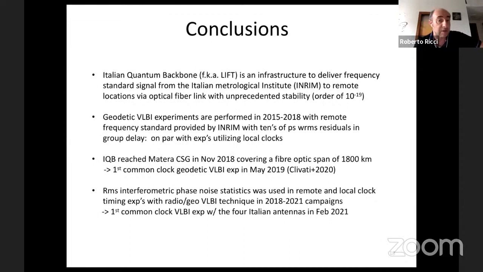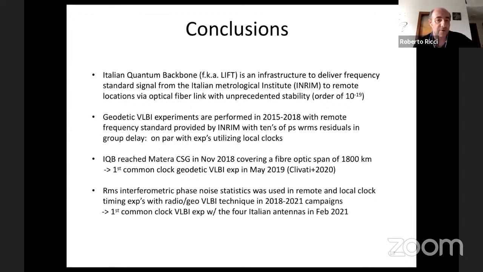And the IQB reached Matera in November 2018, and now it spans a 1,800 kilometers fiber optic link. We performed the first experiment with common clocks, so Medicina and Matera were served in terms of the reference frequency from remote through this optical fiber link from Torino, and the result was published last year in 2020.